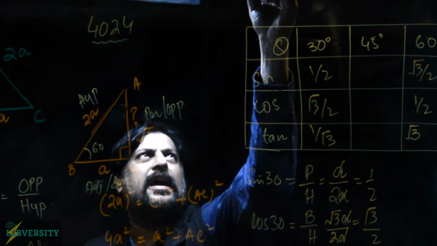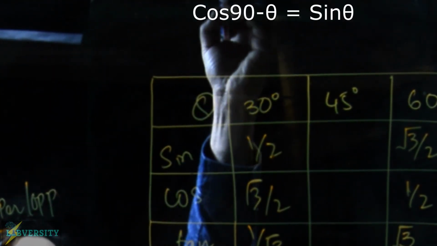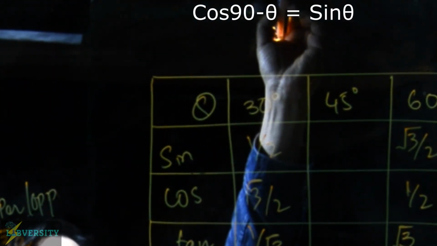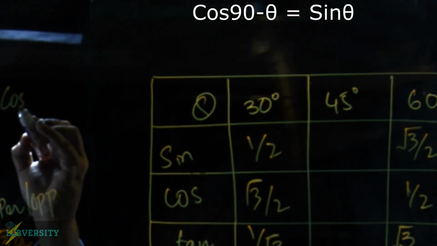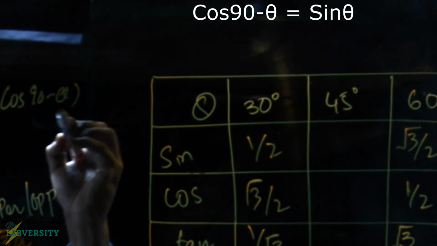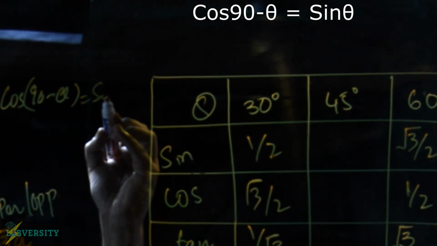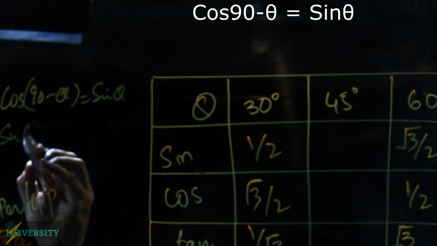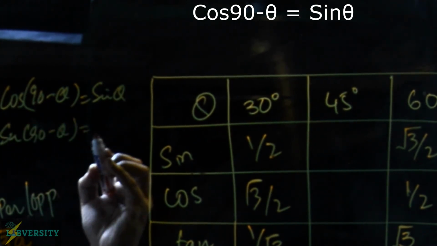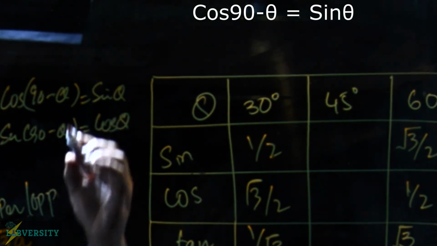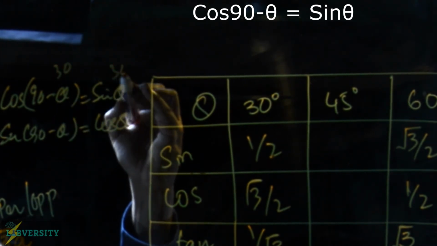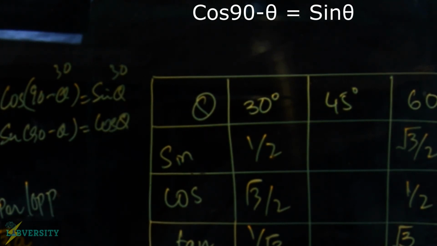The conclusion we get is that cos of 90 minus theta is always equal to sine theta, and sine of 90 minus theta is always equal to cos theta. You can put different values of theta here and see the result in your calculator. You will find this formula exactly correct.